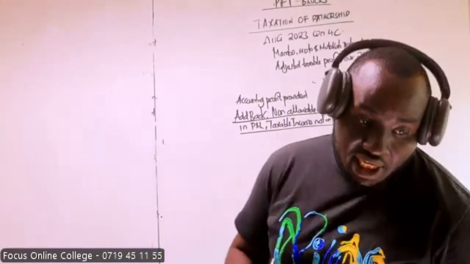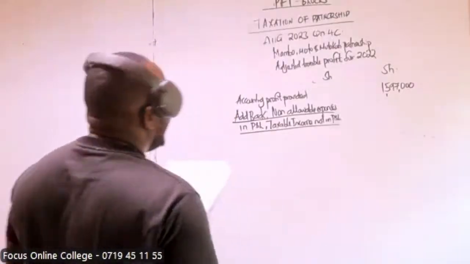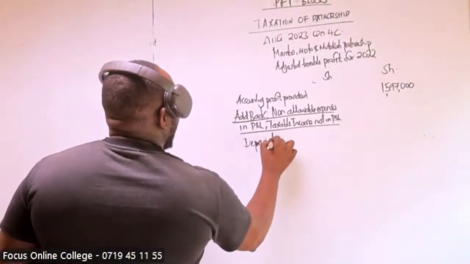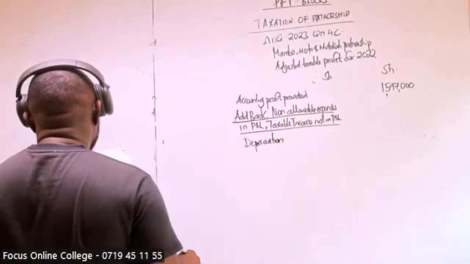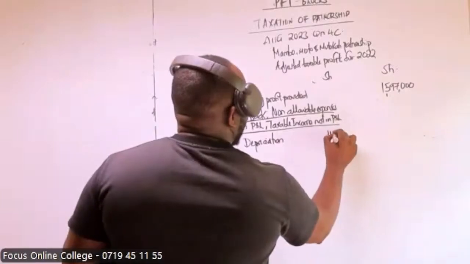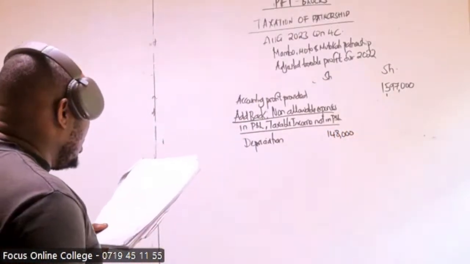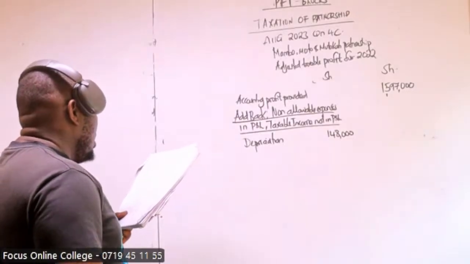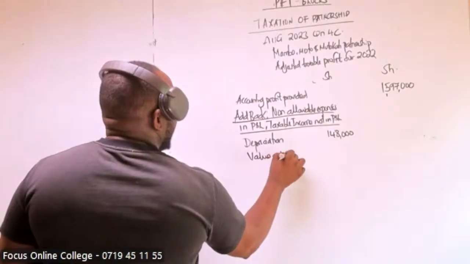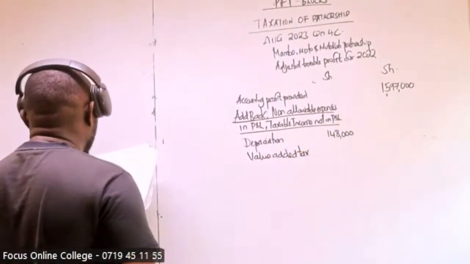So we start from the P&L, the non-allowable expenses that are in the P&L. The first one is depreciation. What is the figure for the depreciation? The figure for the depreciation is 148. We proceed to the next, value added tax.